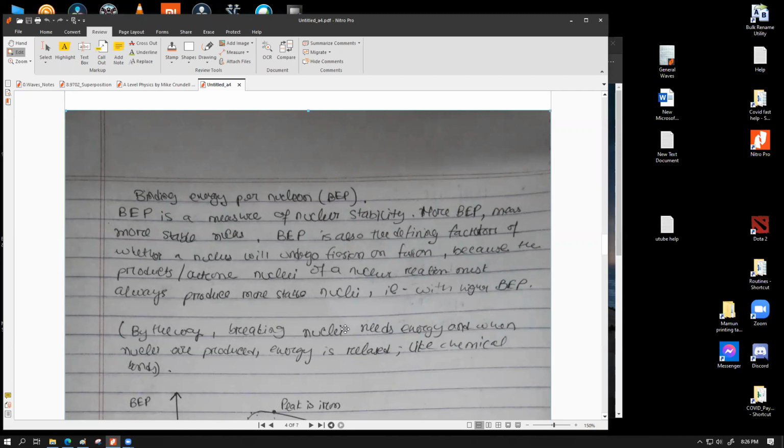The reason I'm telling you this is that the form of energy that a nucleus holds within itself comes from a lot of variation of interactions. The strong force interaction, the weak force interaction, the electrostatic repulsion forces, all of these things play a combined role.